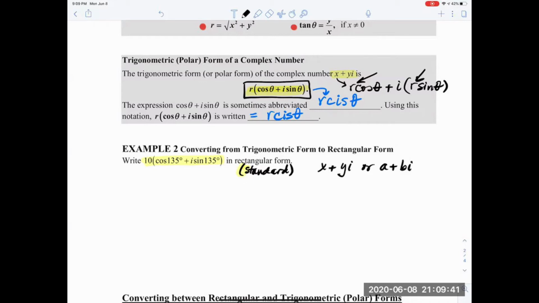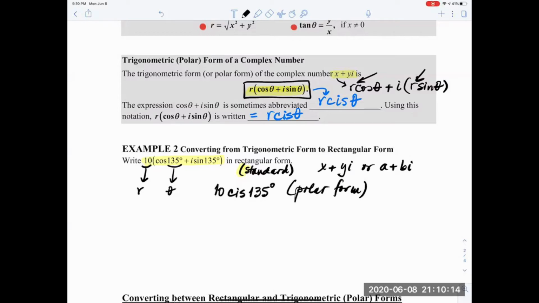So let's identify what we are given here. This 10 is your r. Obviously, your 135 is your theta. And then you have all the other components of what this represents. This is nothing else but 10 cis of 135. This is the same polar form, but you would like to write it in standard form.